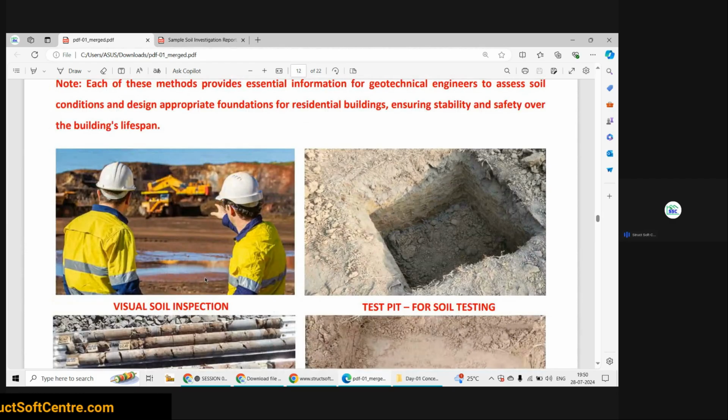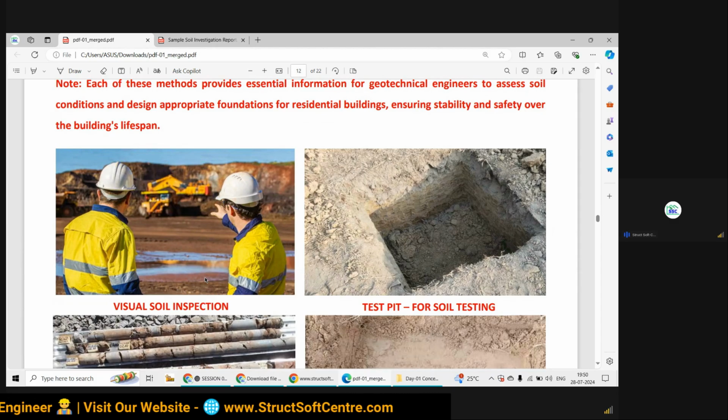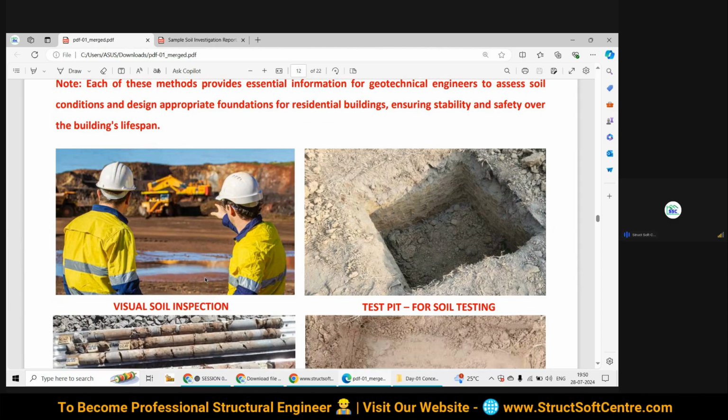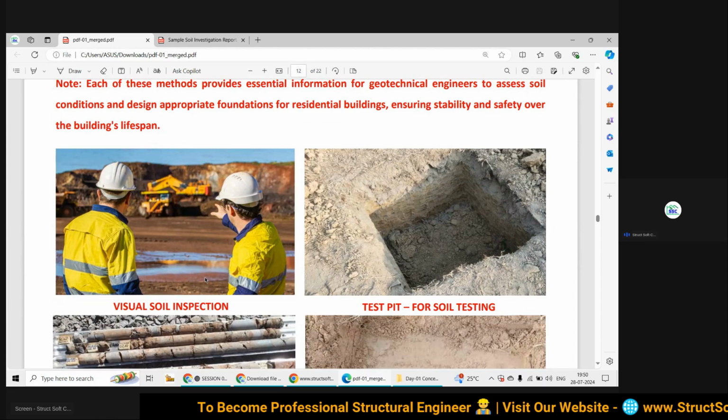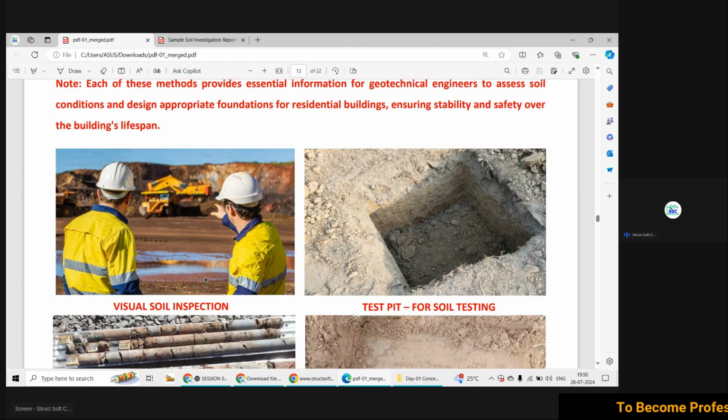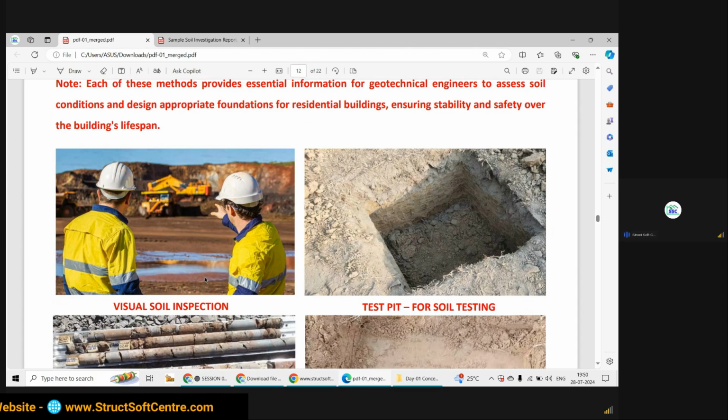Whether water is present at the ground level or not, what is the condition of the soil at the ground level, and thereafter the vegetation and greenery around your proposed land, what the situation is by physical observation is going to be noted by the geotechnical engineer.